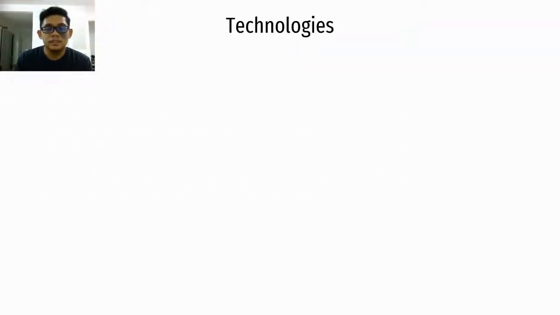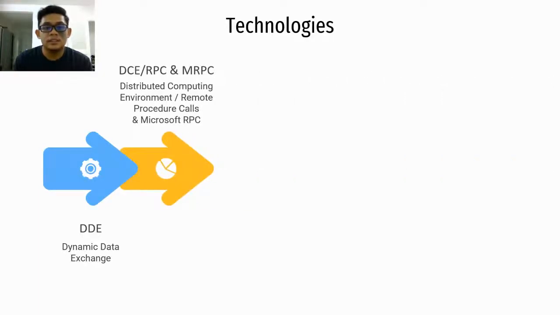So the next is technologies involved for the Microsoft COM. The first one is dynamic data exchange. So COM replaced DDE as the preferred form of inter-process communication. Next is DCE/RPC and MSRPC, which stands for Distributed Computing Environment/Remote Procedure Calls and Microsoft RPC.